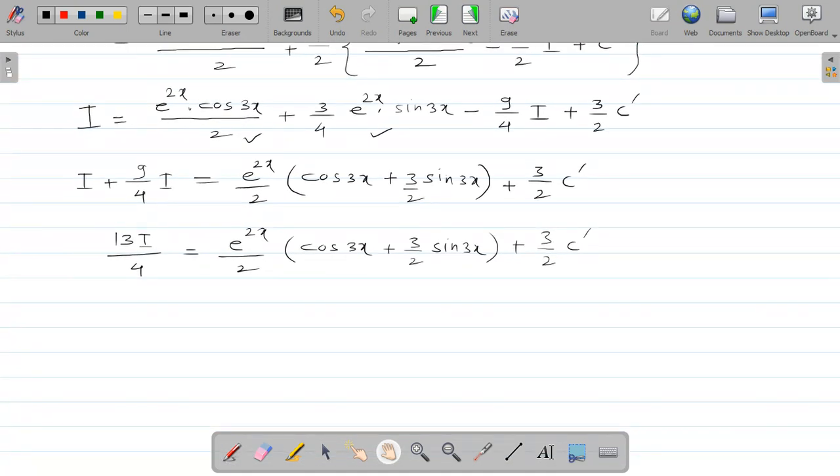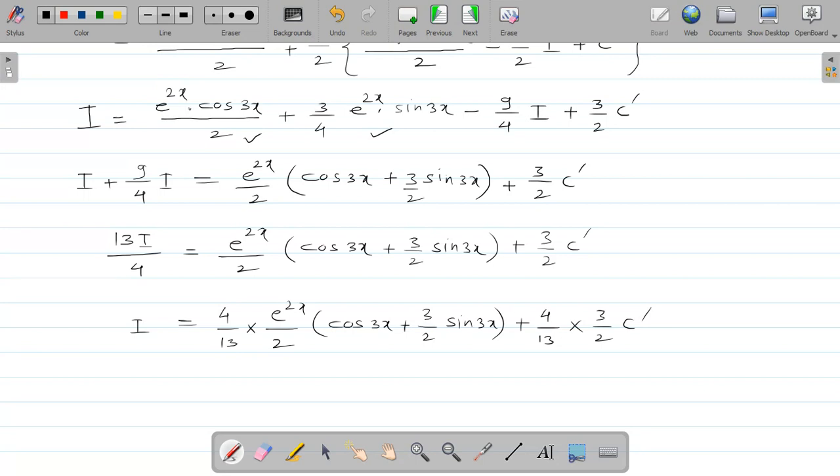Now we require I on the left hand side, so here I is equal to, we have to multiply by 4 upon 13. So 4 upon 13 into e raised to 2x upon 2 into bracket cos 3x plus 3 by 2 into sin 3x plus, here also we have to multiply by 4 upon 13 into 3 by 2 c dash.